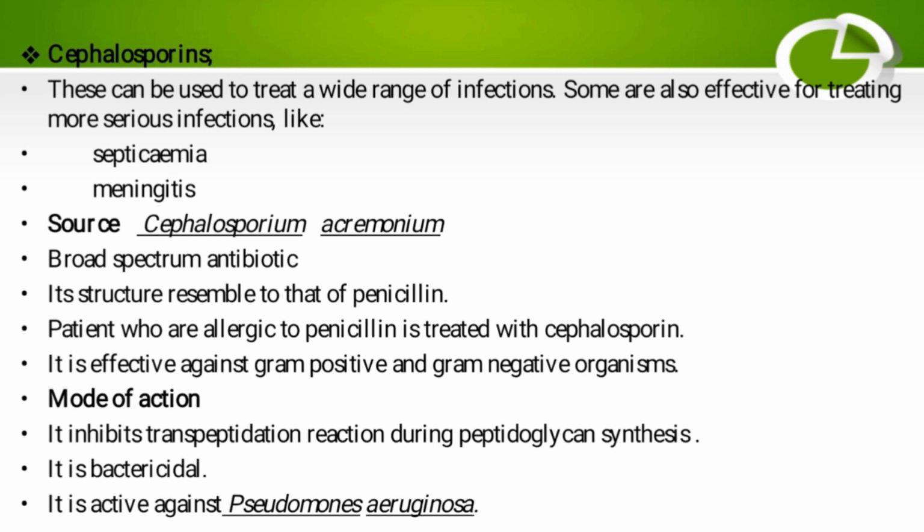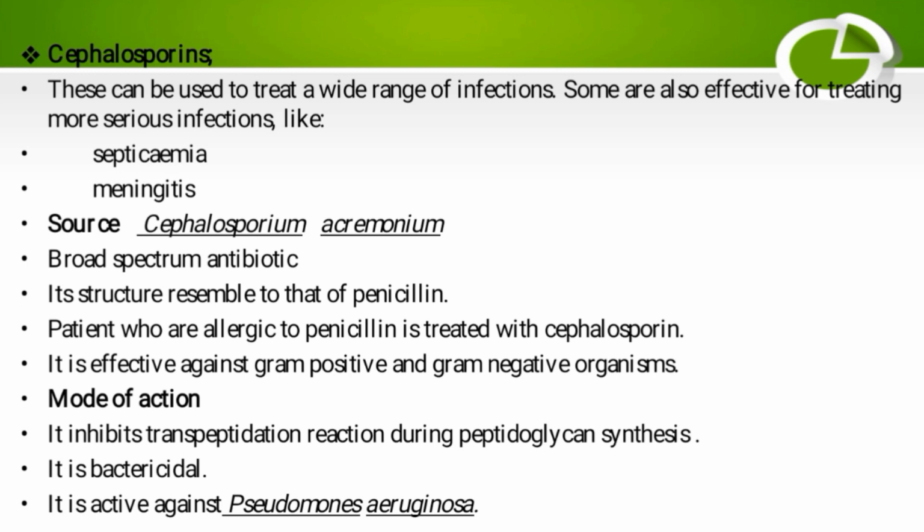And next one is cephalosporins. These can be used to treat a wide range of infections. Some are also effective for treating more serious infections like septicemia, meningitis. Source: Cephalosporium acremonium, broad spectrum antibiotics. Its structure resembles that of penicillin.